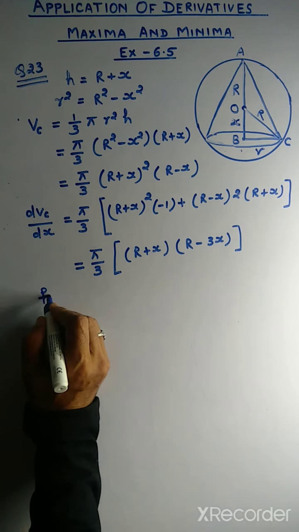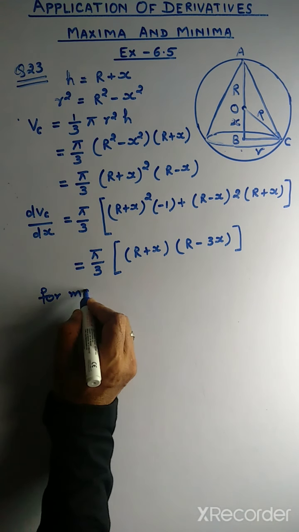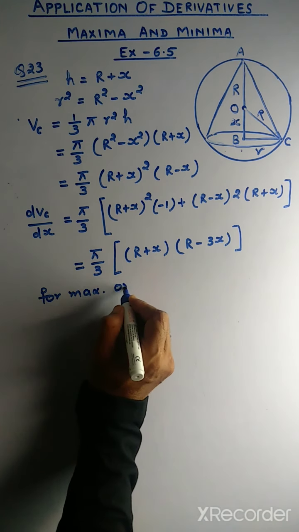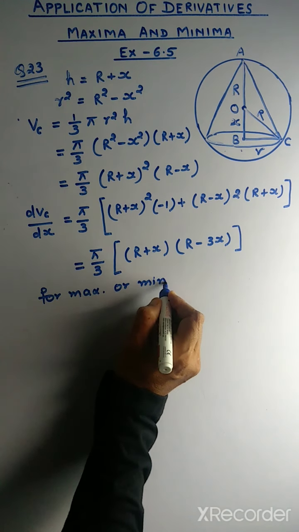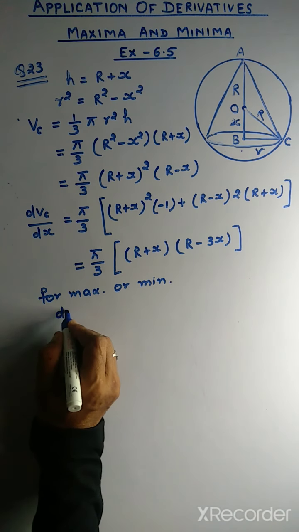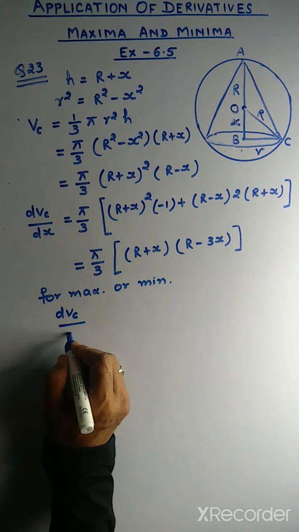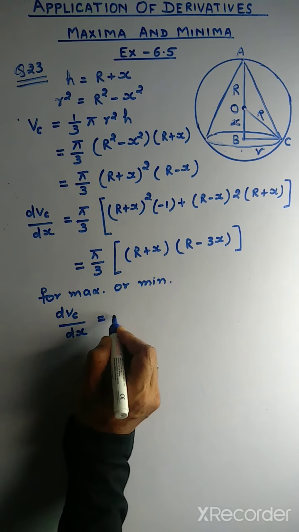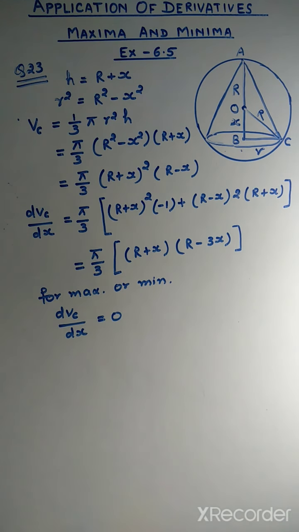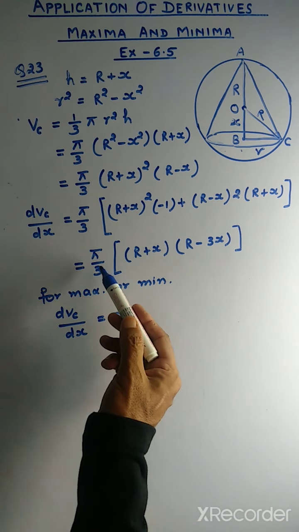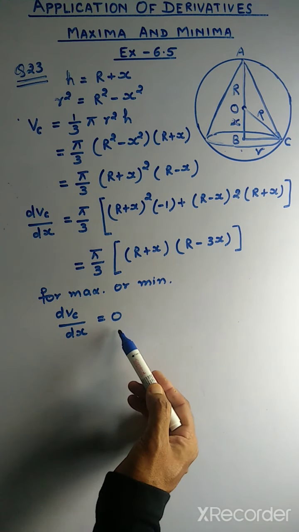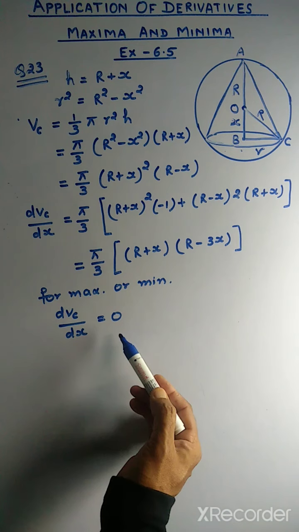Now for maxima or minima, dV over dx equals 0. So pi by 3 times this expression is 0.